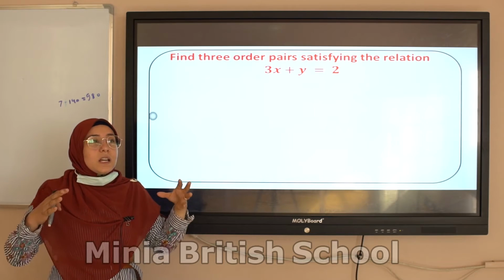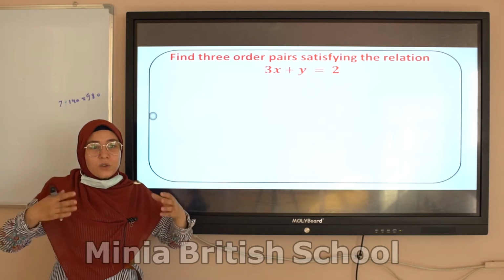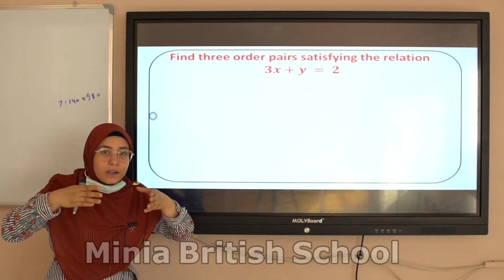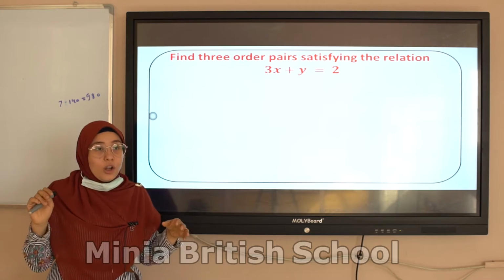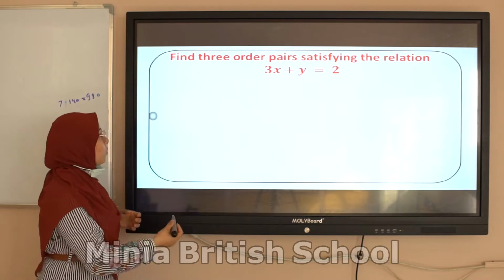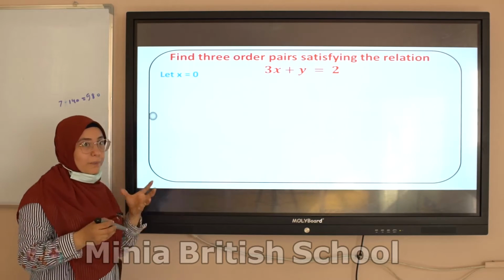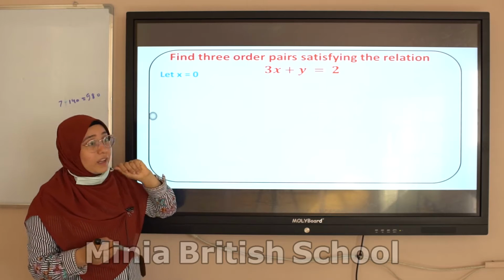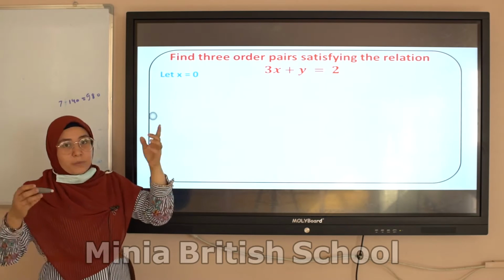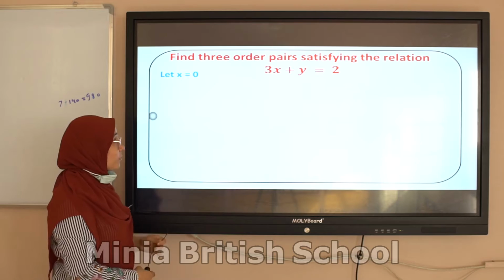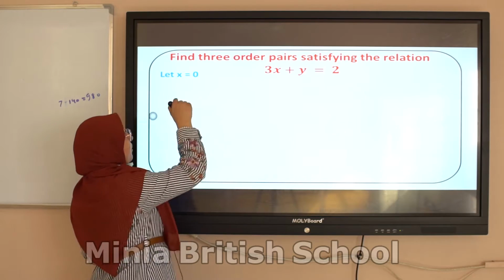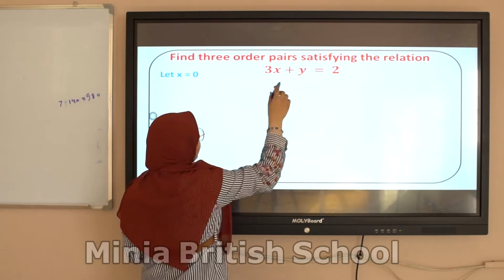I will suppose x equals any number in the real numbers. Let x equals 0. 0 belongs to the real numbers, so I will substitute the value of x in this relation.